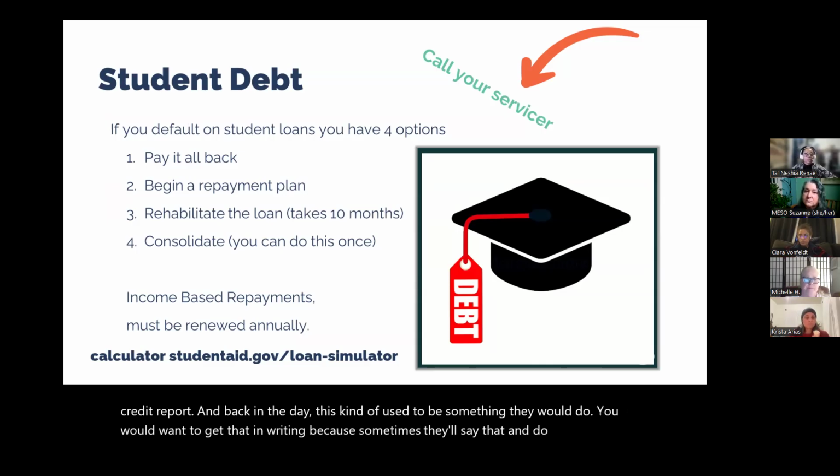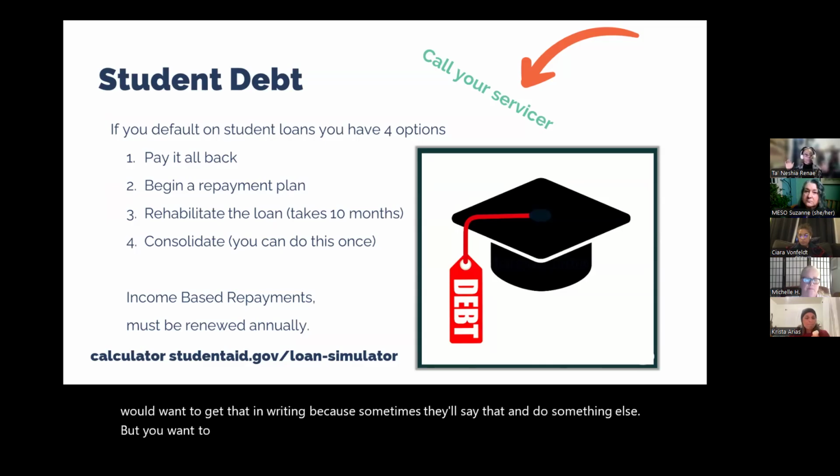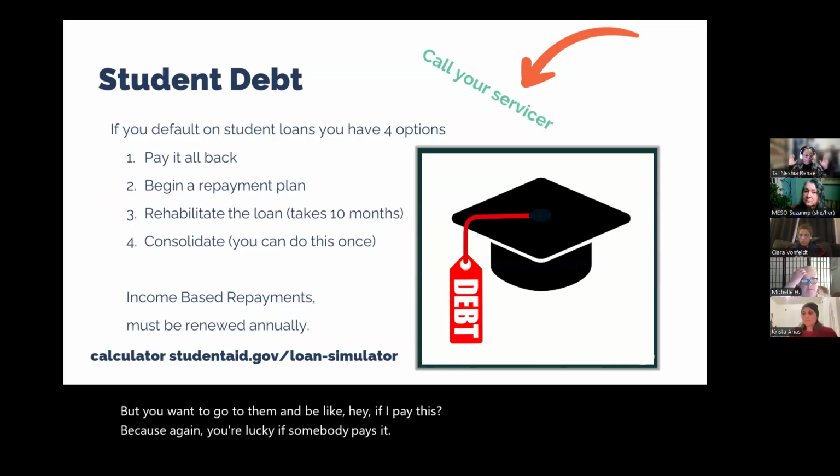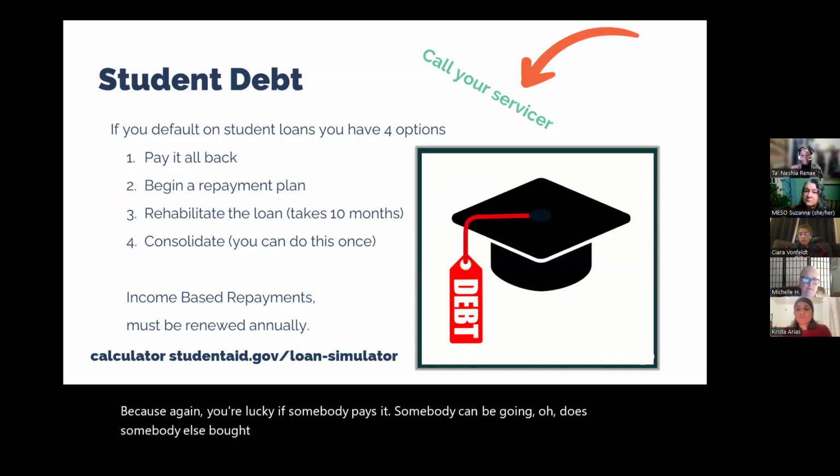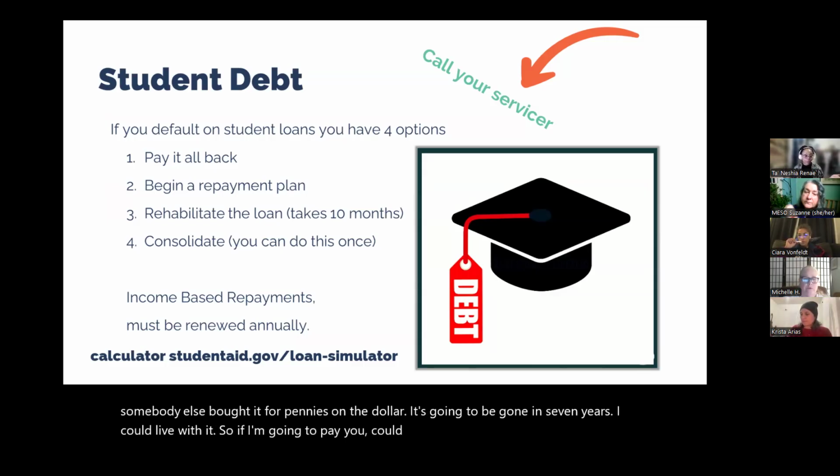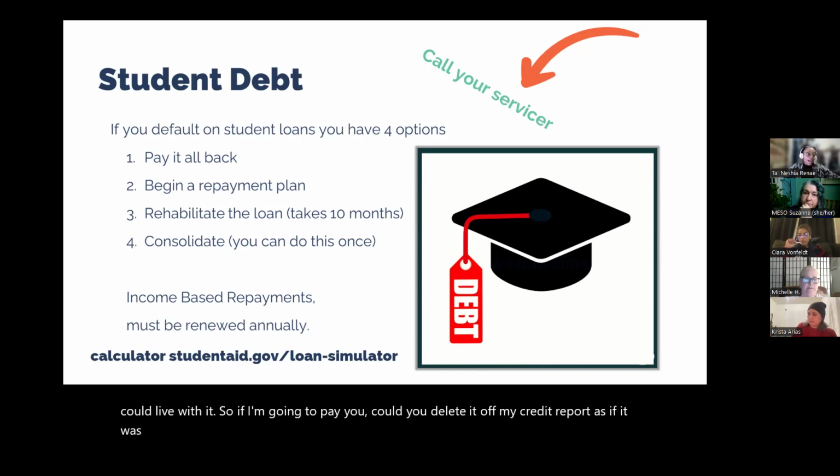You're lucky if somebody pays it. Somebody else may have bought it for pennies on the dollar and it's going to be gone in 7 years, so you could live with it. But you can ask: if I'm going to pay you, could you delete it off my credit report as if it was never there?